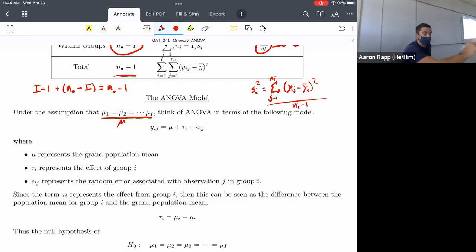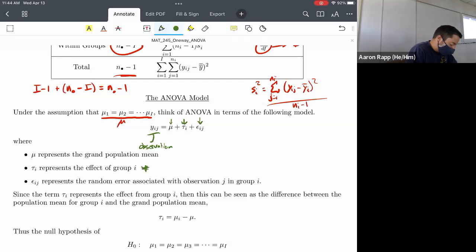It doesn't matter whether I was in diet 1, diet 2, or diet 3, or group 1, group 2, group 3, group 4, group 5, whatever. Those group means should be the same thing as the population mean. So that I can view every single observation as whatever the population mean is, plus these two values. You're going to see this tau and this epsilon.